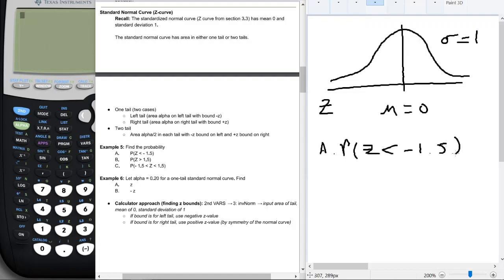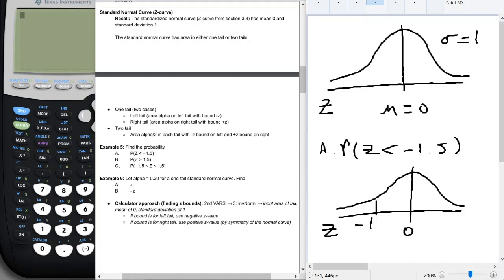Because we're looking at z, we're looking at the standardized curve, which is centered at 0, and I need to place negative 1.5 on that number line. If this was a number line centered at 0, negative 1.5 should go somewhere here.